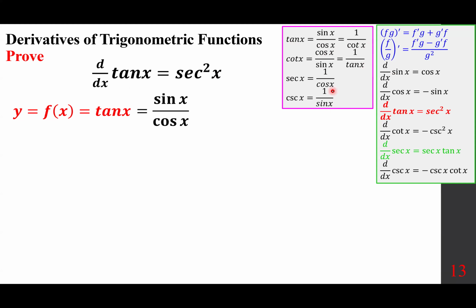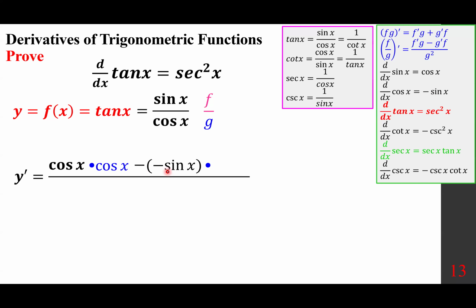And so we are going to use the quotient rule. Therefore, we're going to give it a name f over g. So what happens? We follow this quotient rule, f prime g minus g prime f over g squared. So y prime becomes f prime g. f prime is cosine x times g, the denominator is cosine x, minus g prime, the derivative of cosine is negative sine.